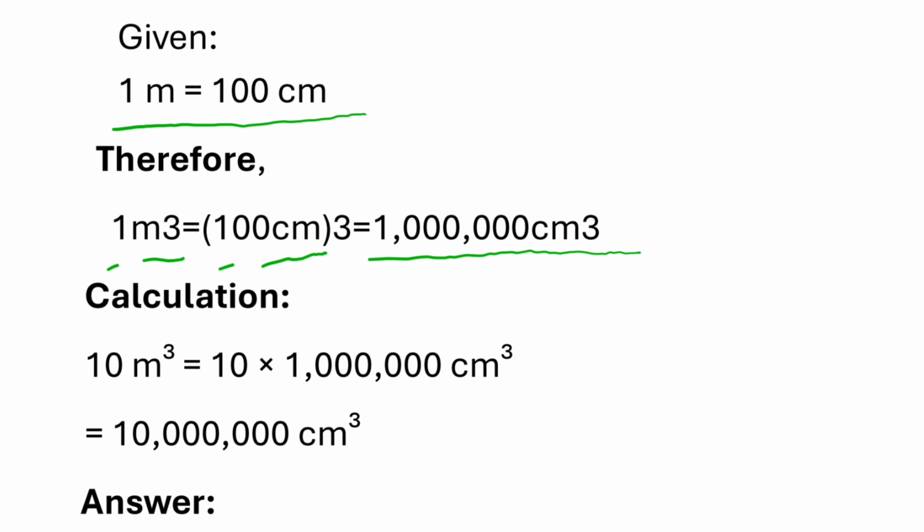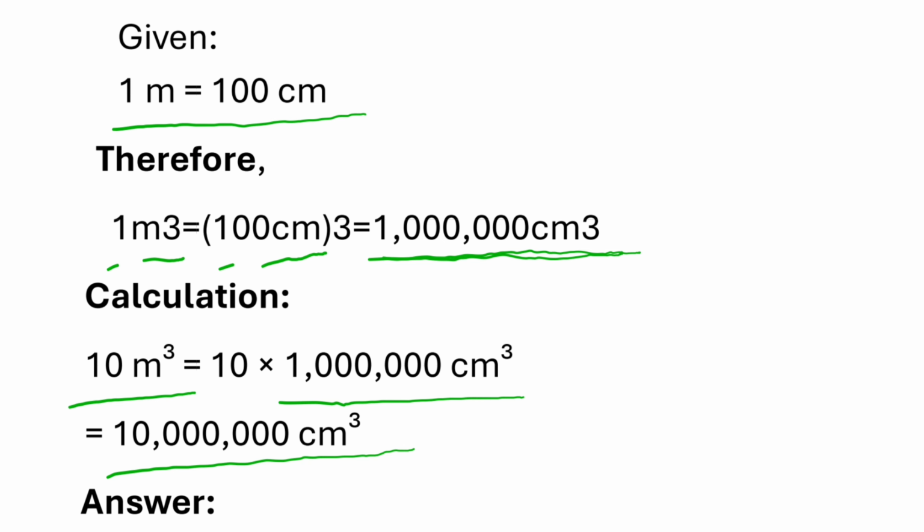If you do this, you will get this much centimeter cube. In the same way, 10 meter cube is equal to 10 into the remaining value. What is the final answer?